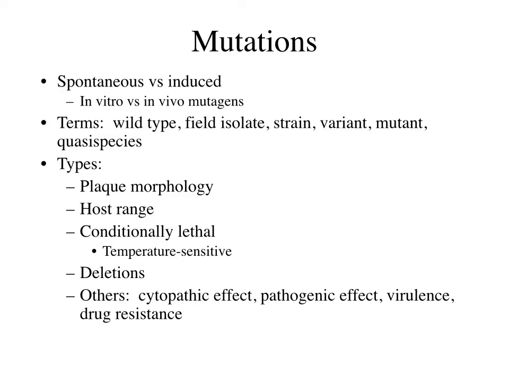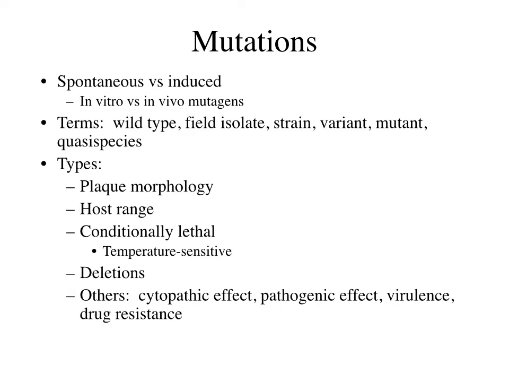Now, there are other kinds of mutations as well. For instance, deletion mutations. These will occur spontaneously, particularly when the virus is passed at high multiplicity of infection, or MOI. If deletion is in a non-essential sequence, it won't be defective. These can be useful for mapping.